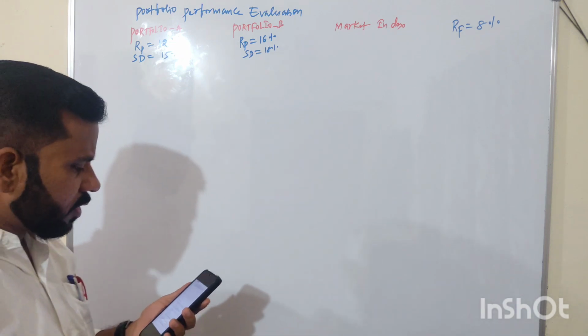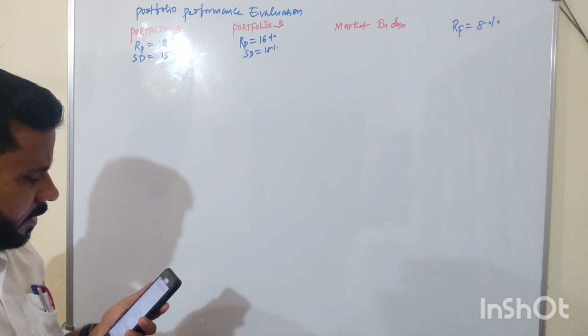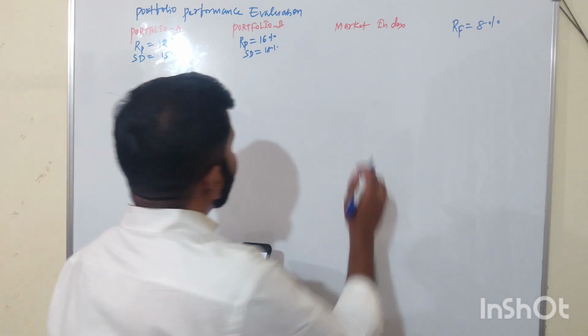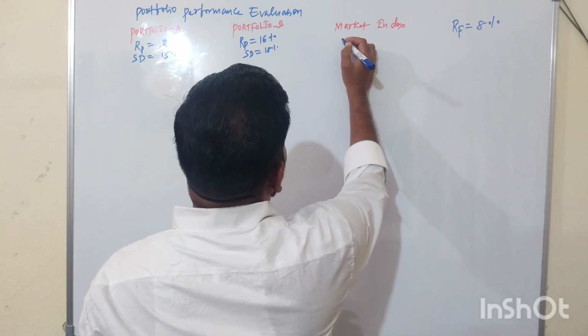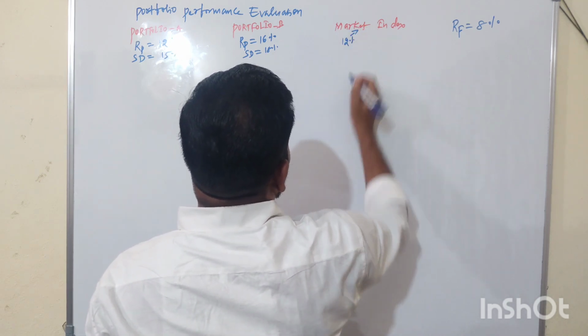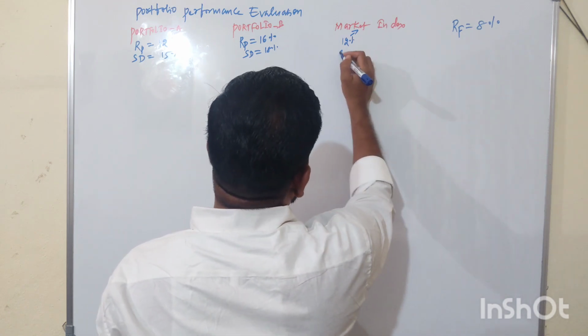Okay. Then what about the market index? Market index is 12. It is given 12%. Its standard deviation is 8.